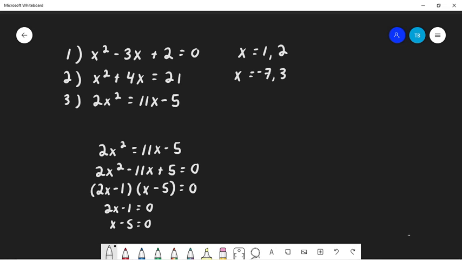And then we solve for x in both equations. x in the first equation would be equal to 1/2, and in the second equation, x would be equal to 5. So these would be the solutions to the third quadratic equation. So we'll write them up here. x equals 1/2 and 5.